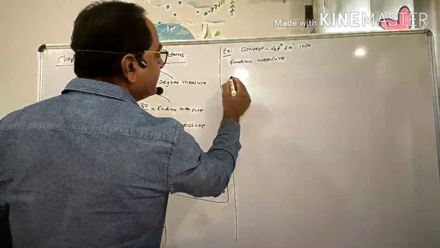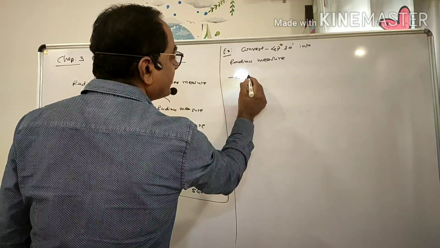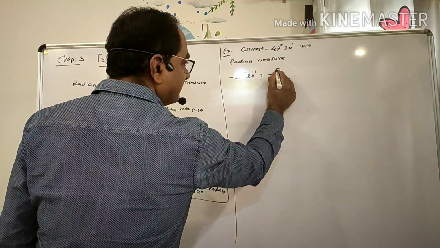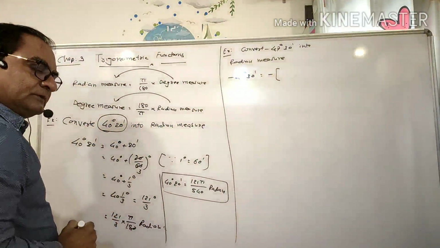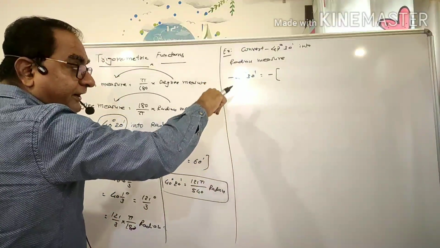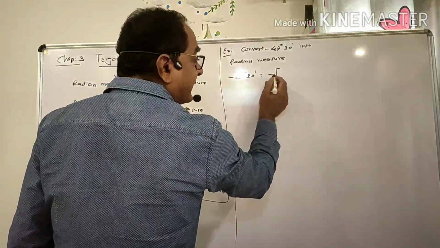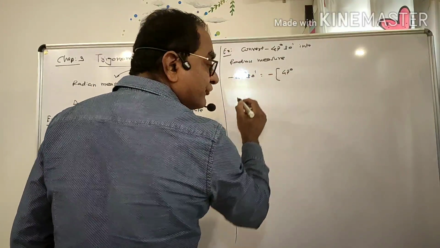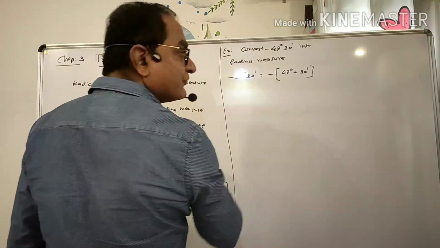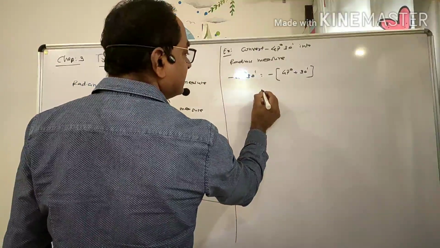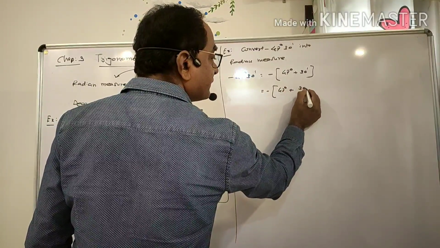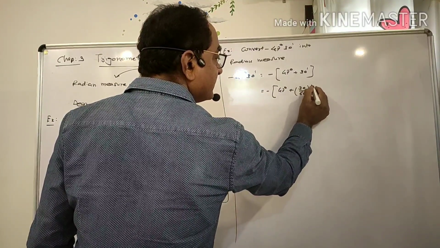I am just doing it here, 47 degree 30 minutes. I will keep the minus sign outside because it applies to the whole angle, whole degree. So I can write 47 degree plus 30 minutes. The procedure is the same here: minus of 47 degree plus 30 by 60 degree.